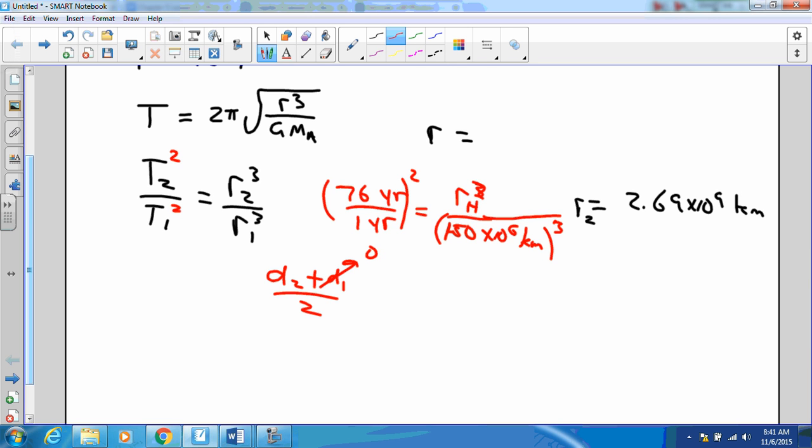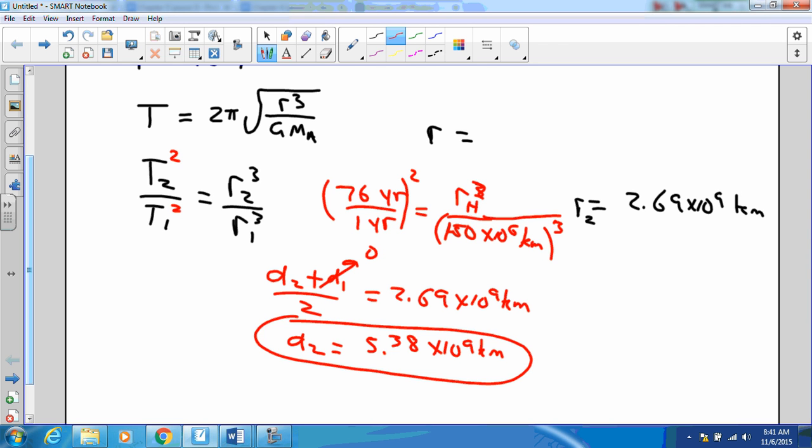Because if we take D1 to be 0, then it makes solving for D2 a simple matter of multiplying by 2. And that gives me 5.38 times 10 to the 9 kilometers as the far distance to Halley's Comet. And there it is.